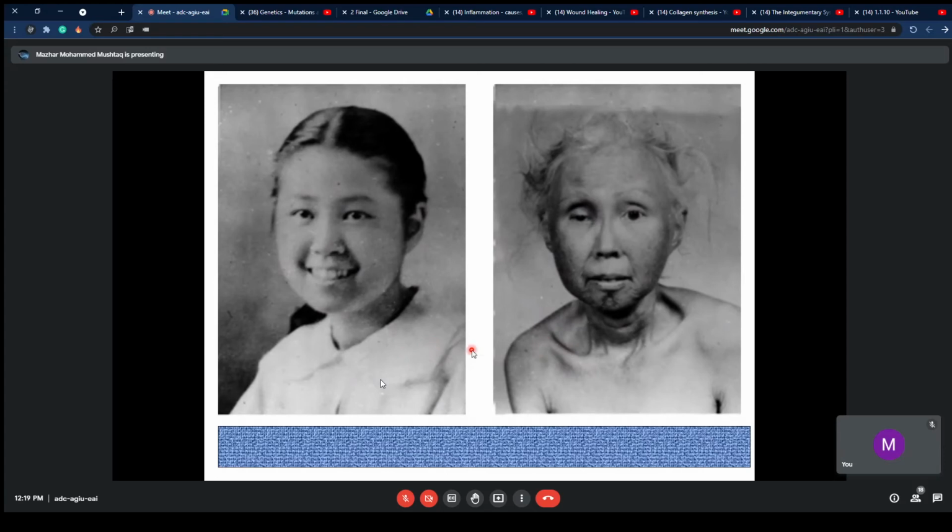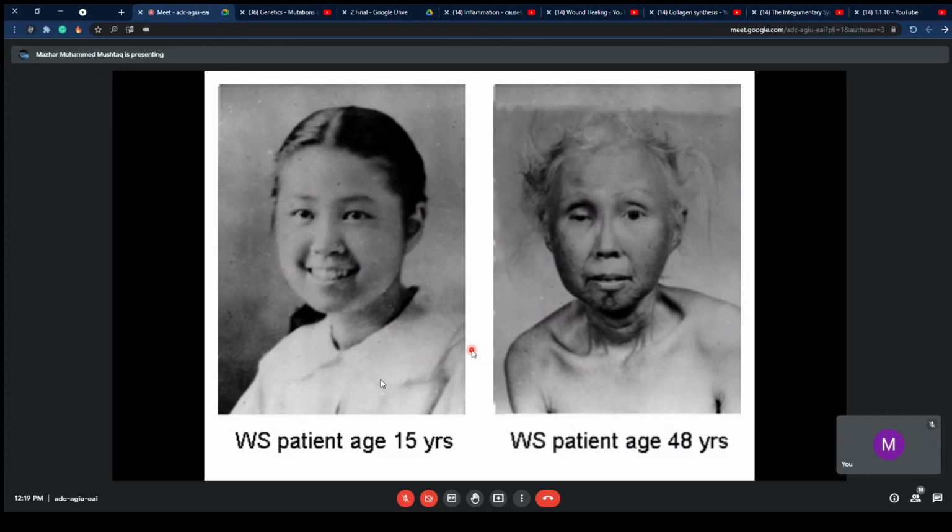Anyone can guess the age? Yes, 21 and 75. Mm. Anybody else? Maybe 13. Okay.